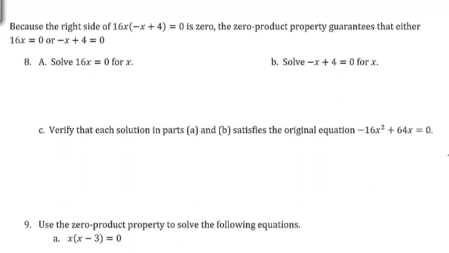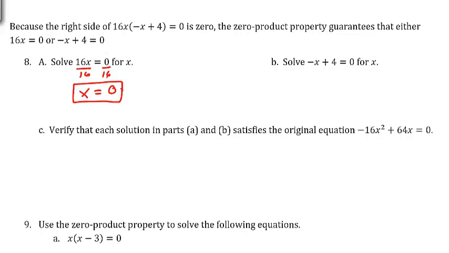Okay, so we're going to use that property to solve this. So we want to take 16x, let it be equal to 0, and then solve this for x. We would divide both sides by 16. And remember that 0 divided by anything is 0, so x equals 0. Also, we have plain old number 16 can never be 0, so we know that x has to be 0 because one of them has to be 0 for us to get 0 when we multiply two things together.